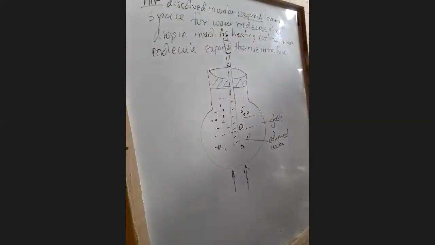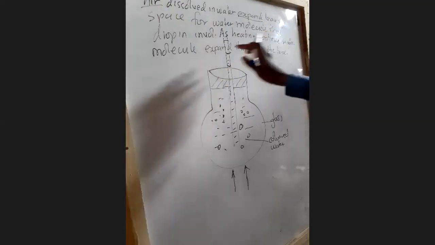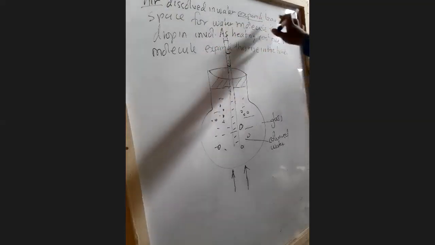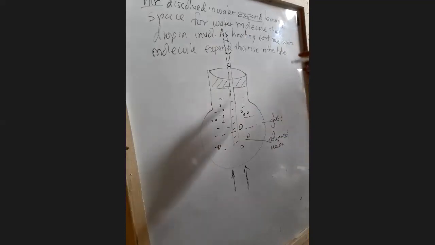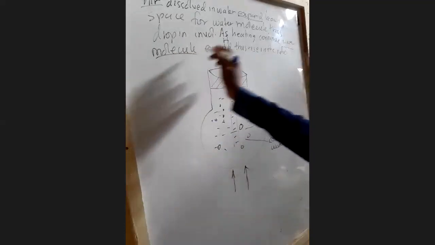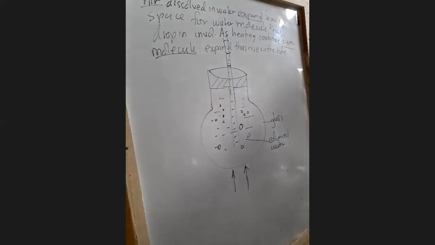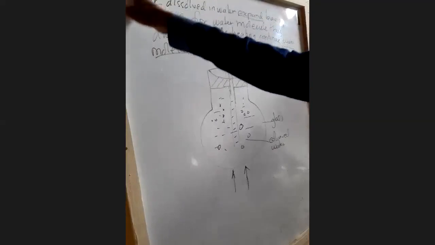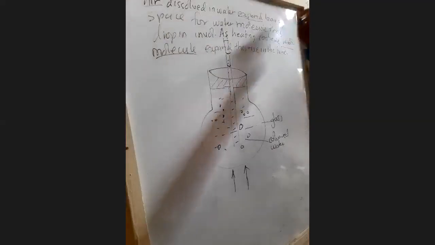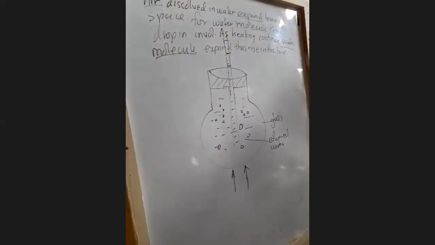That is the statement. Then it will escape, or rather it will leave some space. The next point is that the water molecules will expand. So air expansion is a mark, and water molecule expansion gives you a second mark. At least that shows that you know what you are doing. All that story that you write before getting up to here is usually irrelevant. And you can also look at the space that you're given in the question.